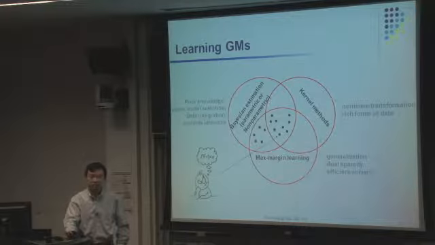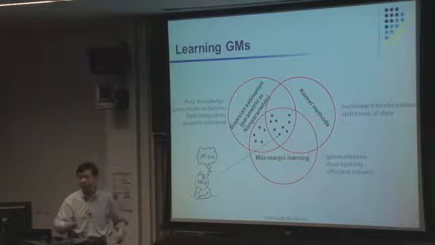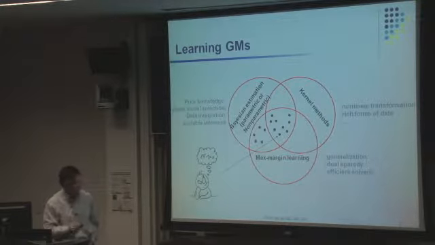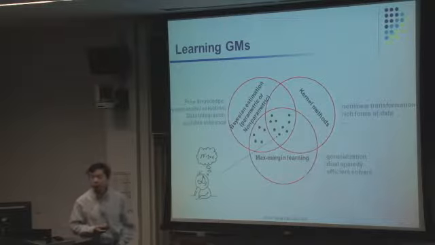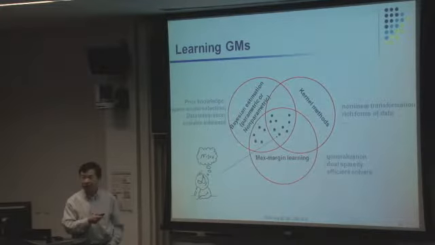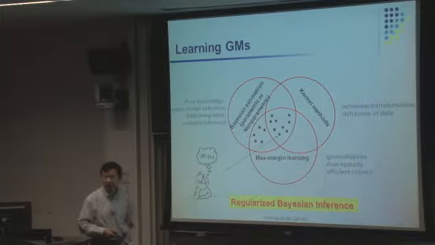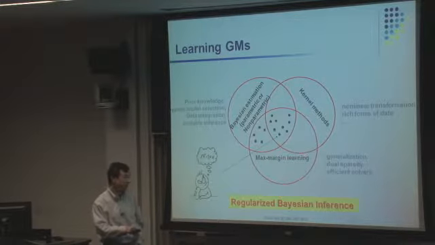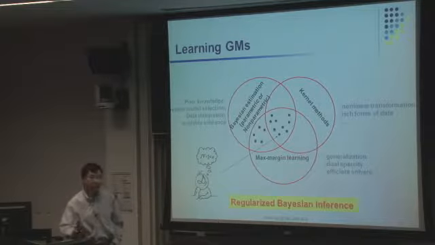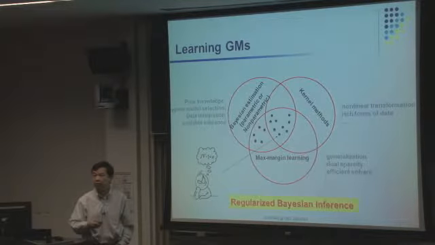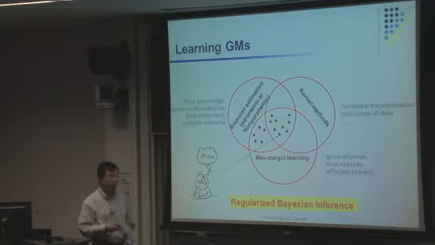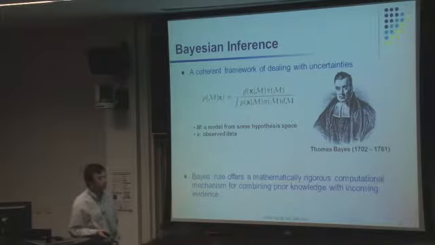Hopefully, the disadvantages are mutually exclusive, but the advantages can coexist. That's the best we can hope for, right? So I'm not sure we know how to do that, but here are some recent attempts helping people get there. And in particular, I want to talk about a particular technology called regularized Bayesian inference, where you can see such a potential to be realized.